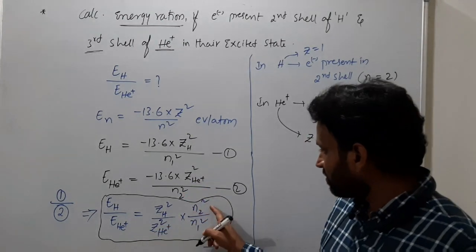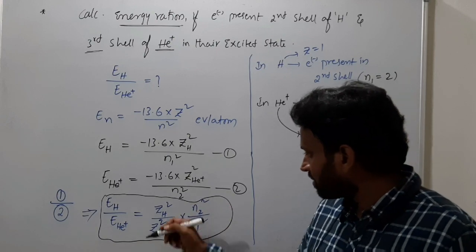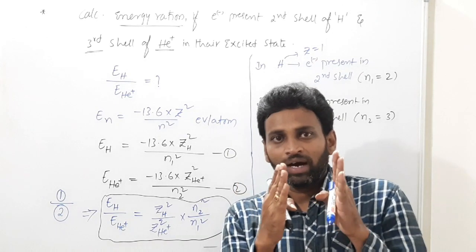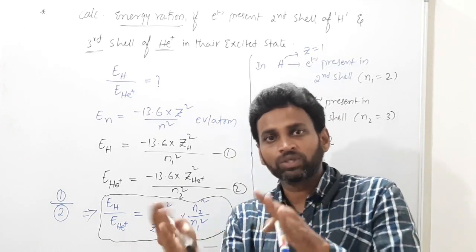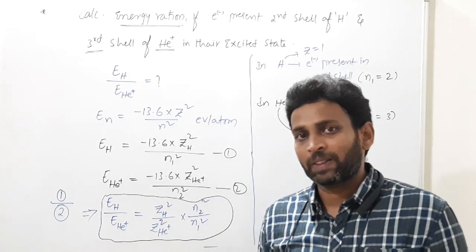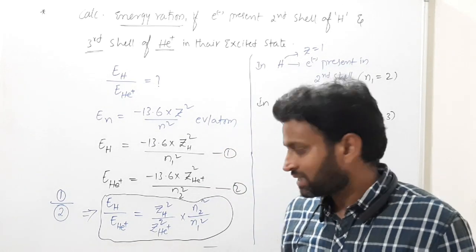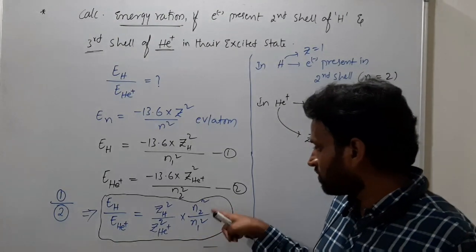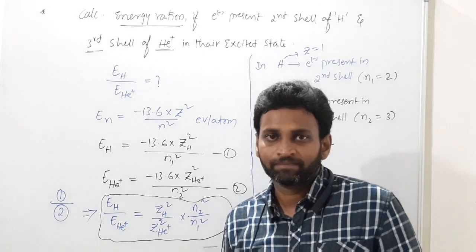Understand? For the same atom with different shells, the atomic numbers will cancel. Hydrogen in the ground state and hydrogen in an excited state, with the energy ratio asked: both are hydrogen, so Z will cancel. First one is the ground state, one is the excited state, that's it.